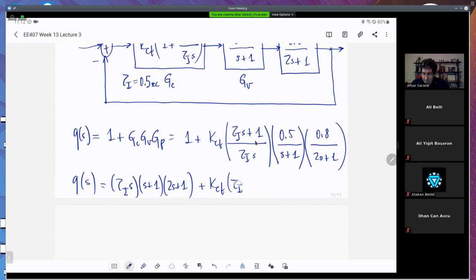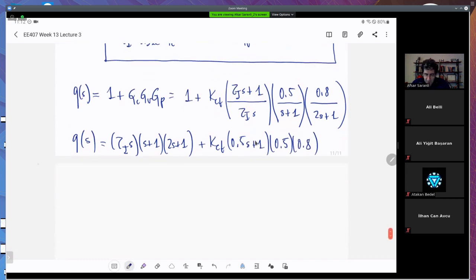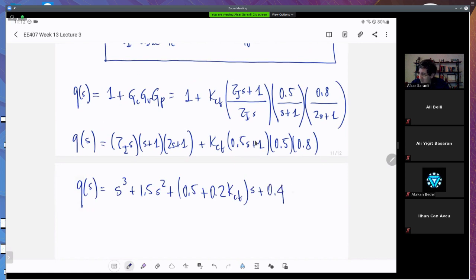So instead of tau I I will just put 0.5, (s plus 1) times 0.5 and 0.8. So we will have Q(s) equal to s cubed plus 1.5 s squared plus (0.5 plus 0.2 KC) s plus 0.4 KC.